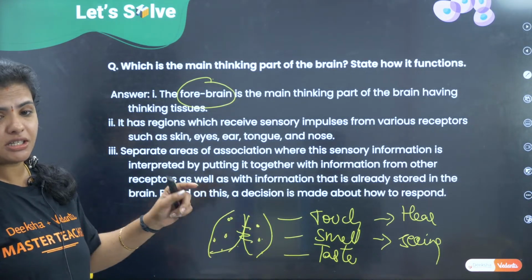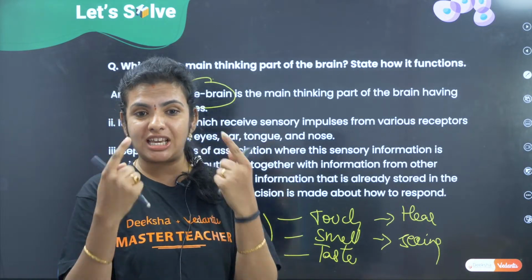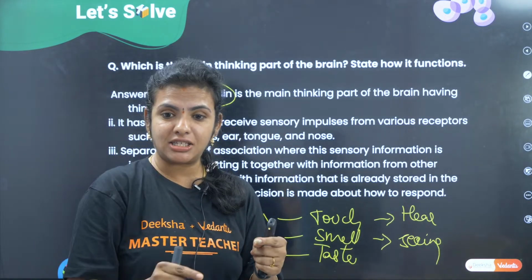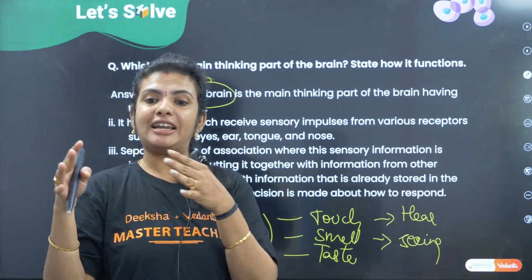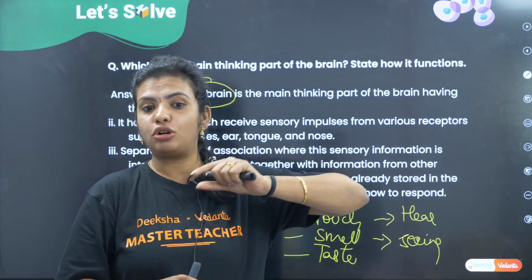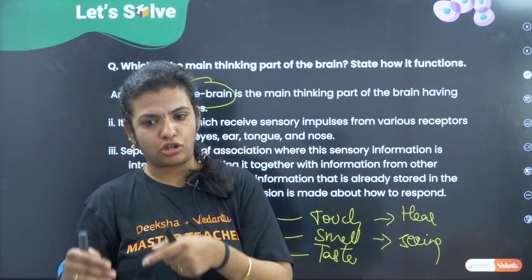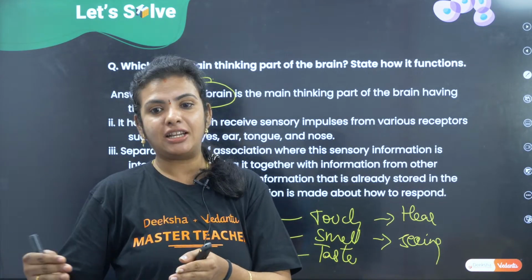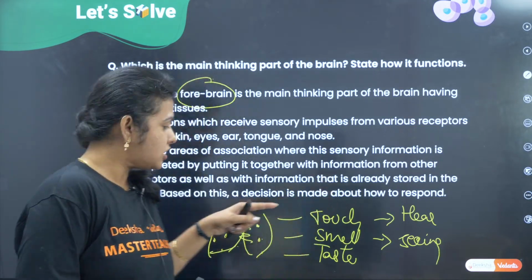That means the moment you smell something, hear something, see something, touch something, immediately these responses will be traveling in the form of chemical signals and electrical signals through the neurons. So, from the dendrite to the axon end, next dendrite, next axon end, and the process continues till it reaches the forebrain.